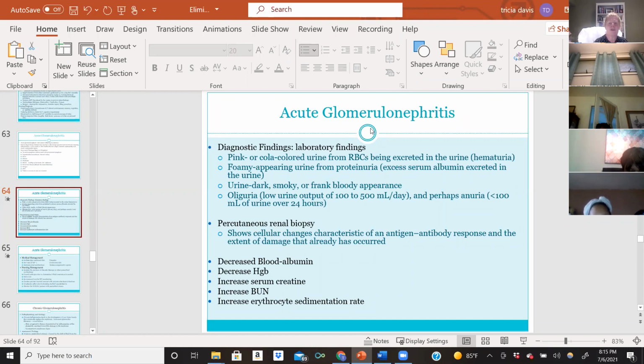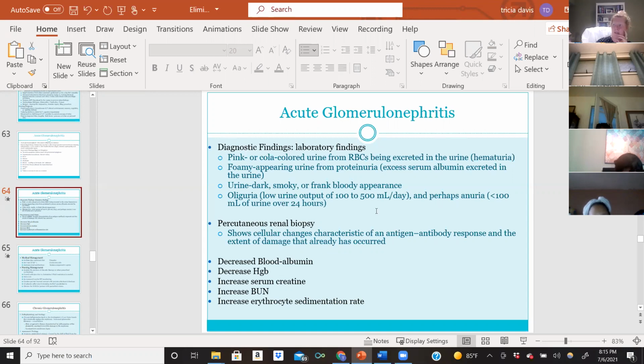We may have to do a percutaneous renal biopsy. So when we go in and we take that piece of the kidney, we are looking for cellular changes. Usually what we see is an antigen antibody response, and that would show us the extent of damage that has already occurred to the kidneys. So when we do labs, when we check the blood albumin levels, they're going to be decreased because remember, they're spilling so much into the urine.